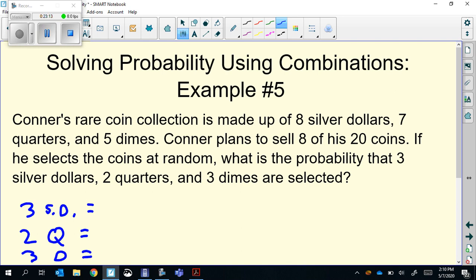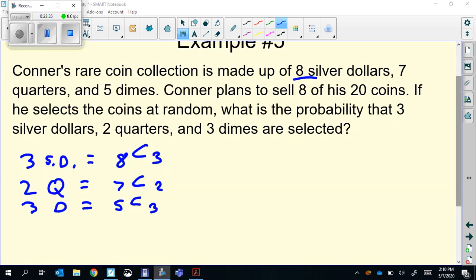We're looking at that as there are 8 silver dollars, and he's choosing 3. So there's 8. He's going to pick 3. For the quarters, there are 7, and he's going to pick 2. And there are 5 dimes, and he's going to choose 3. So all of that is our numerator.